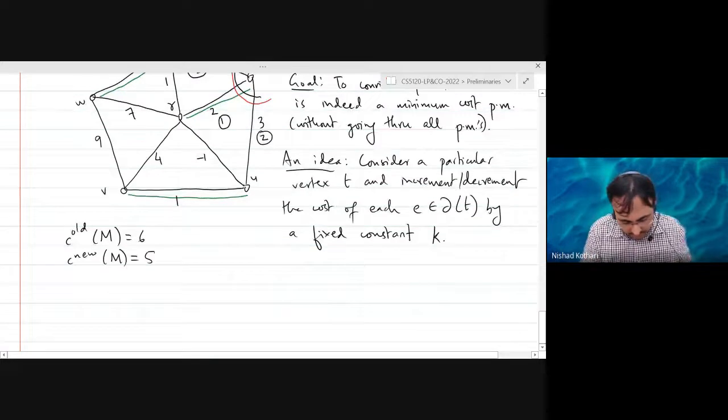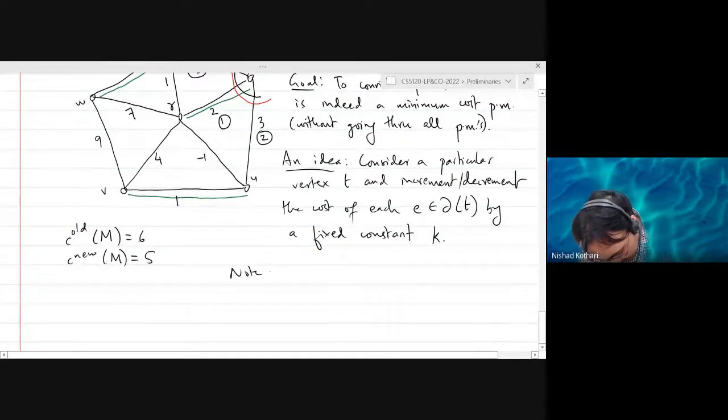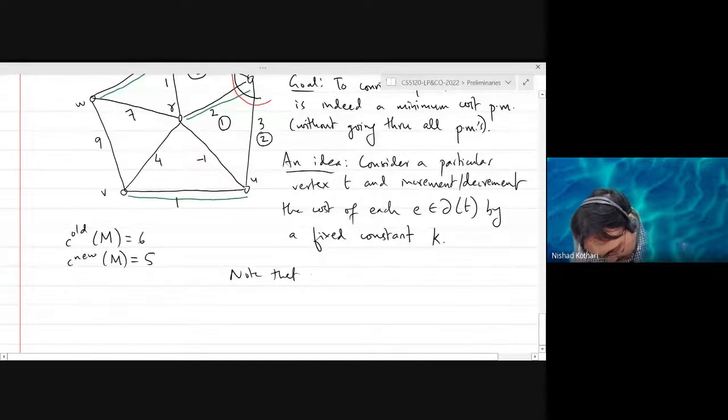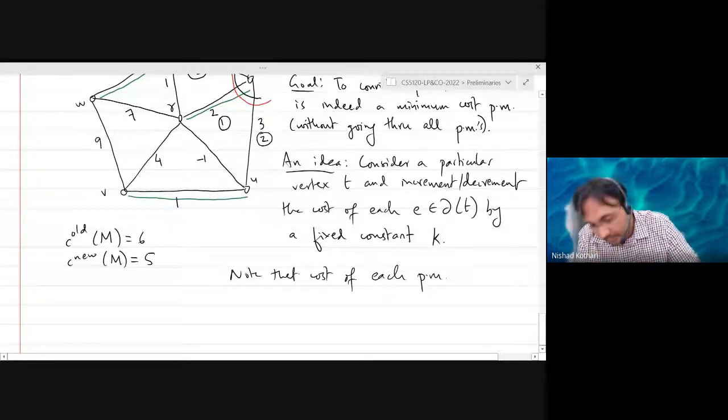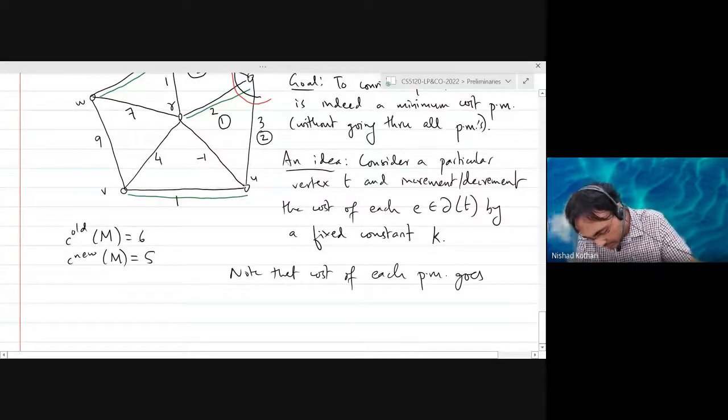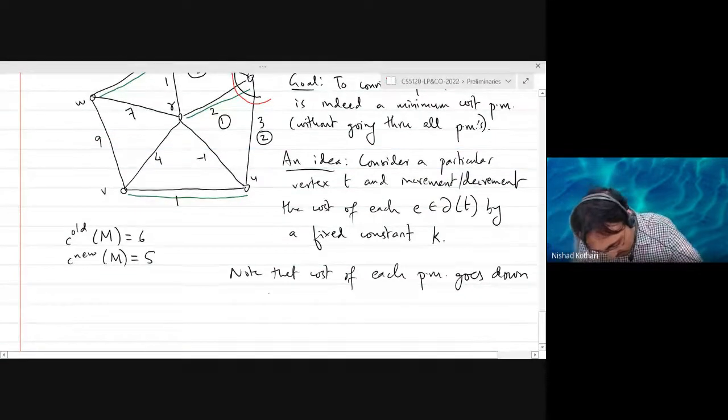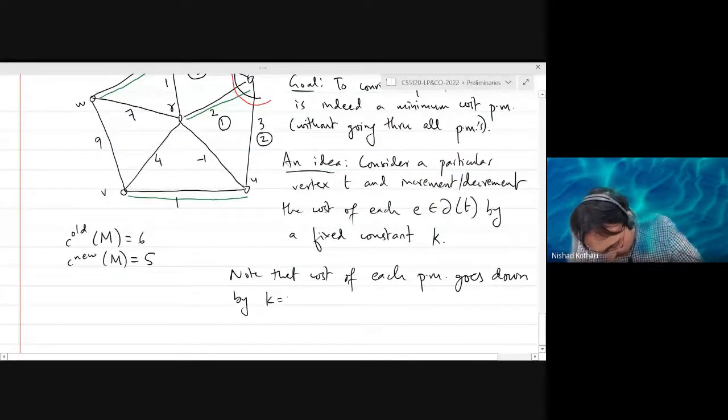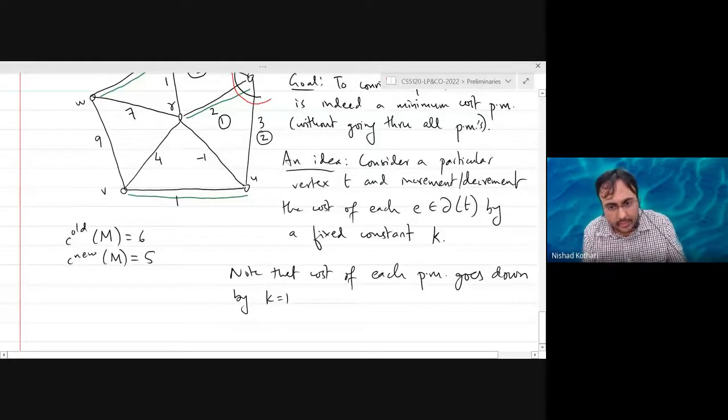Okay, so in particular, note that the cost of each perfect matching goes down by k equal to 1, because that is what we chose k to be.